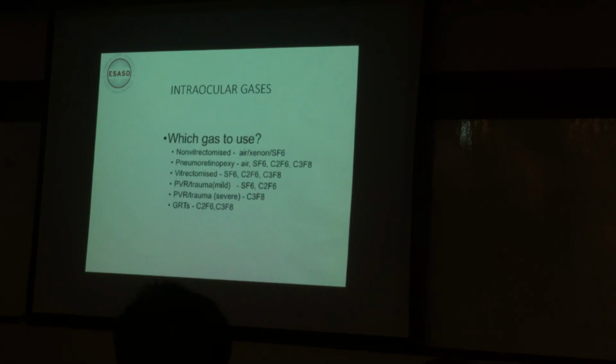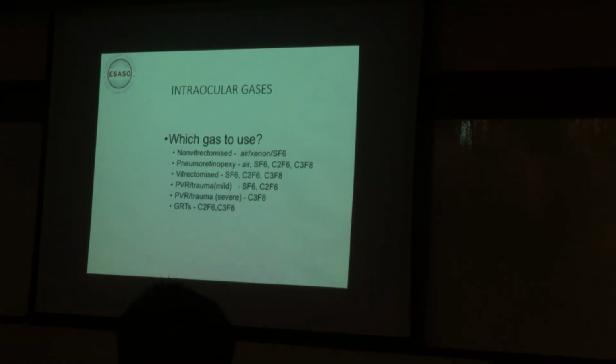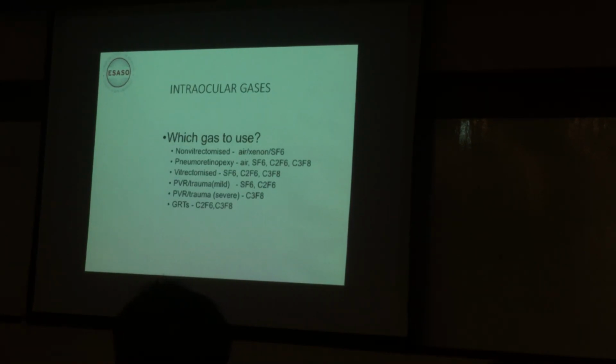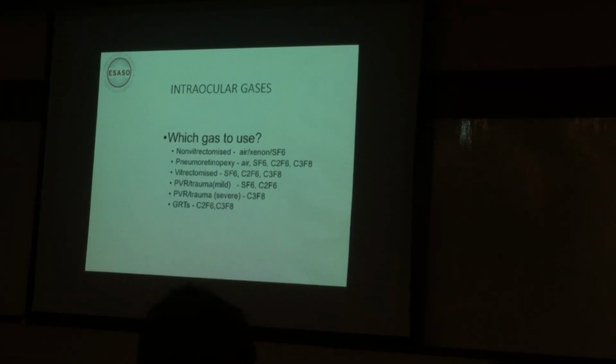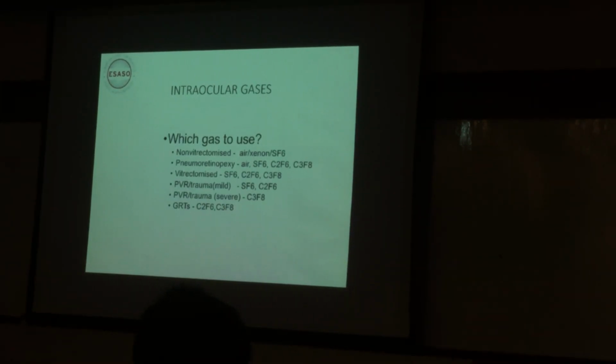So, which gases to use? In a non-vitrectomized eye, you would probably only stick to air, xenon, or SF6. In pneumoretinopexy, which is again a non-vitrectomized eye, some people advocate the longer-acting perfluorocarbon gases so that you achieve a much larger size of the bubble.